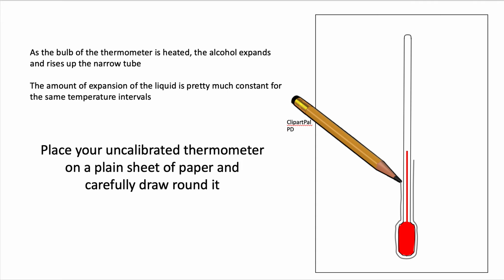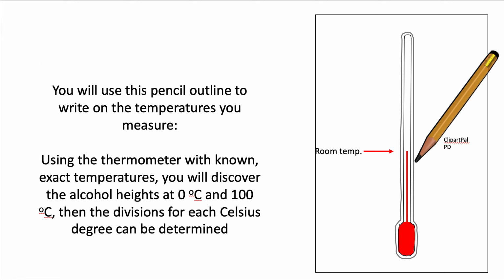So you're going to start off with your uncalibrated thermometer. It's got the alcohol in the bulb, it's risen up as far as it can at the temperature it's at, and you're going to draw around it to get an outline.